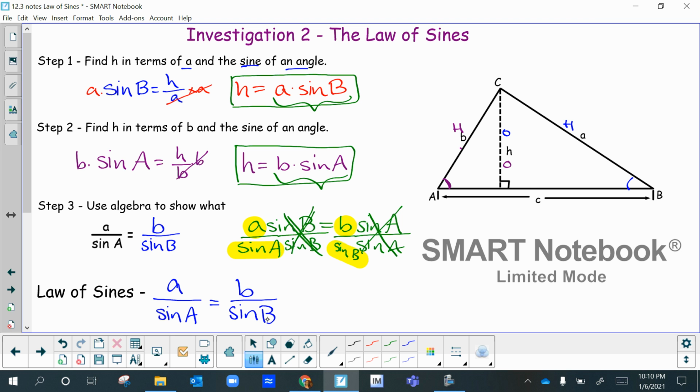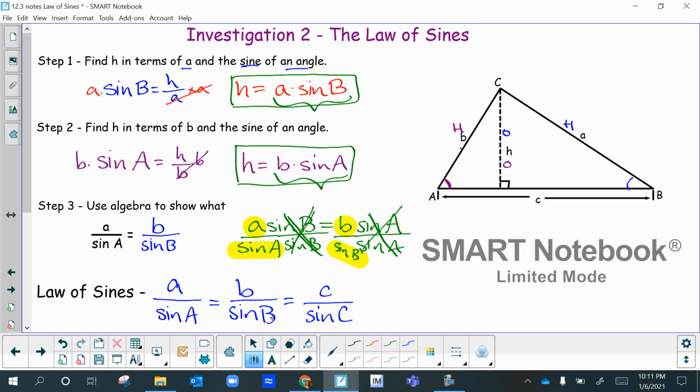Now we left one off, the C. Okay, if A over sine of A is equal to B over sine of B, and of course you can continue to solve for it using C, we would have to use a different hypotenuse. You'll realize that B over sine of B is also equal to C over sine of angle C. Now remember, these are little a, little b, little c.